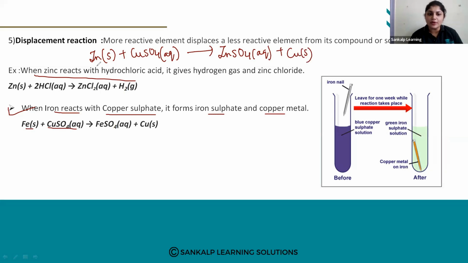So if you dip a zinc rod into copper sulfate, the copper gets displaced by zinc, so zinc sulfate is formed. Okay, so this is another displacement reaction.